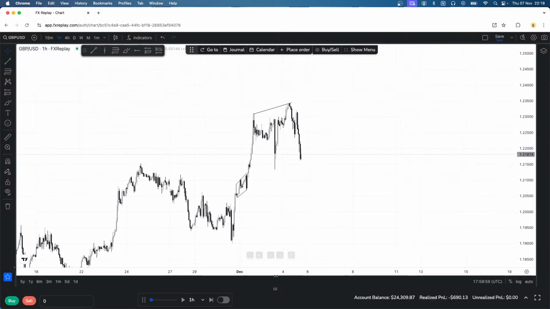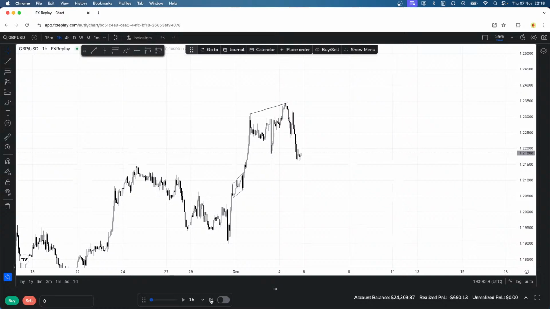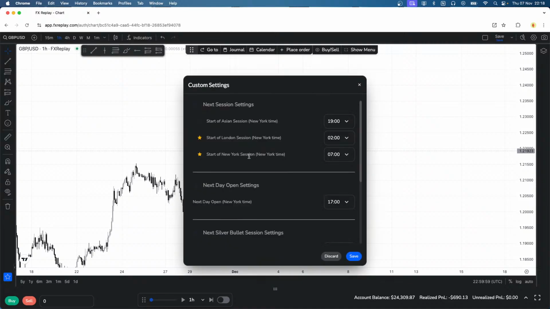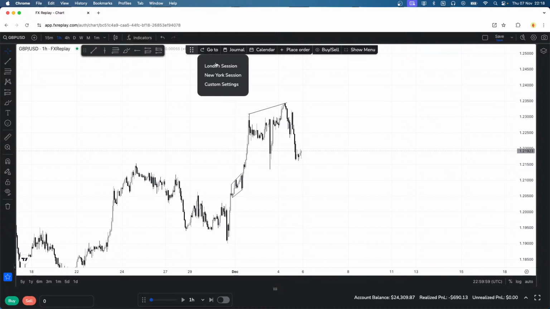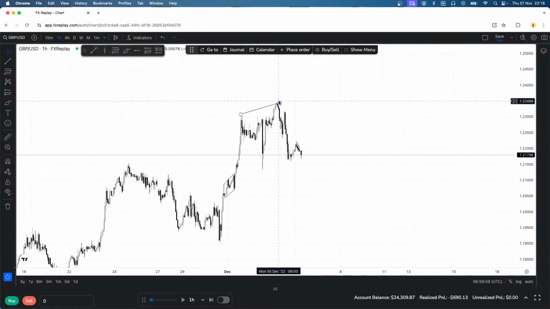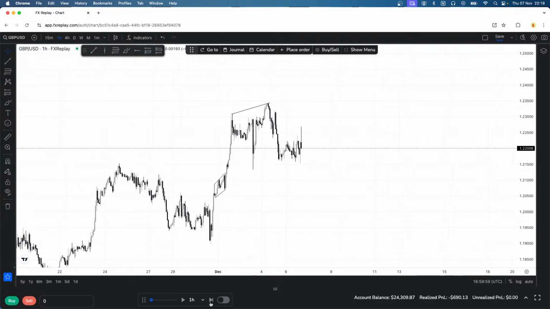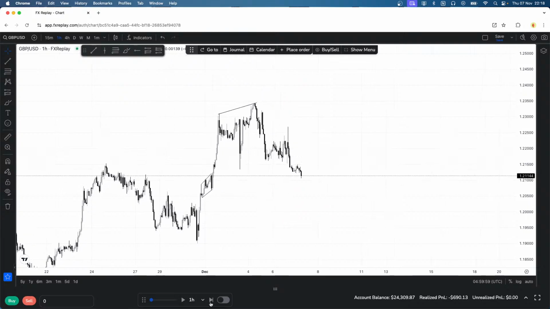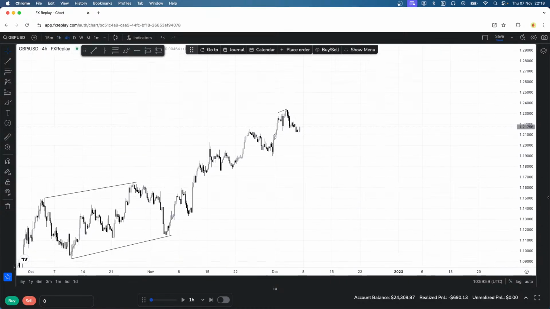Okay, so price push lower. So this may push lower. However, I'm not interested in the sell. Okay, you can go to the 4-hour.